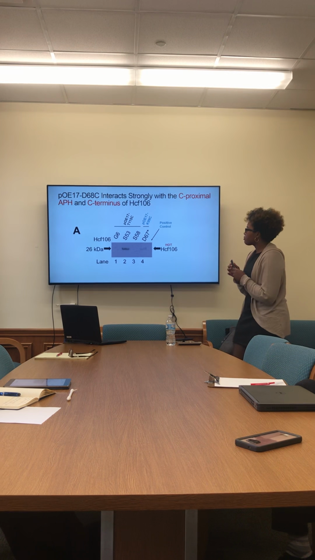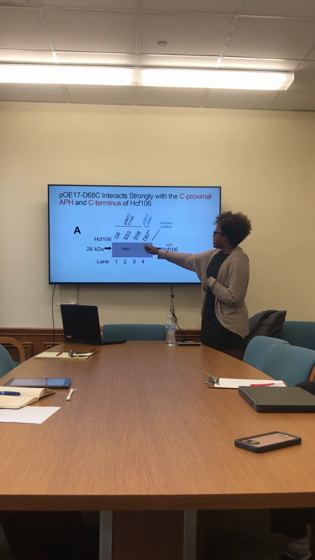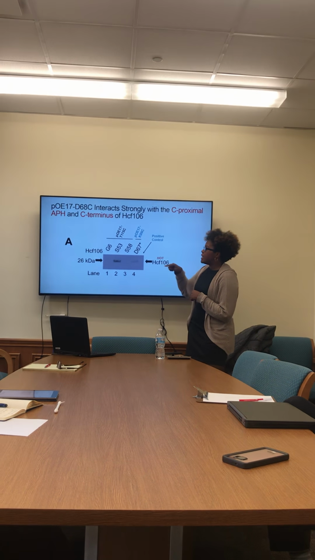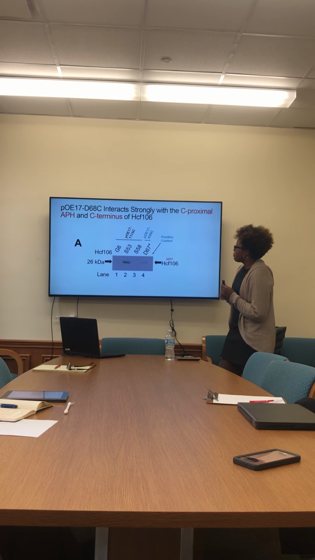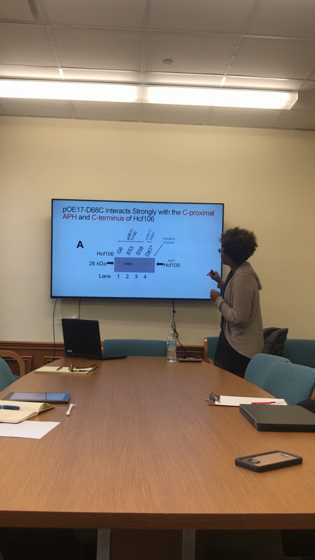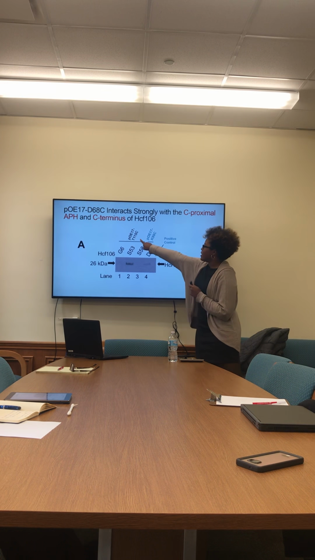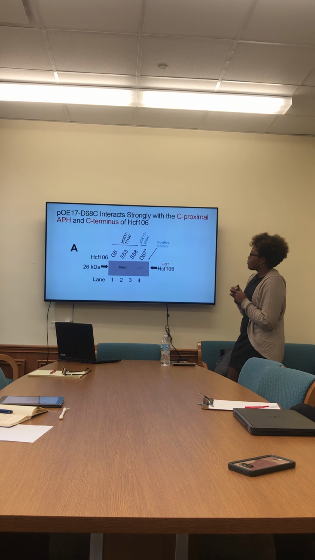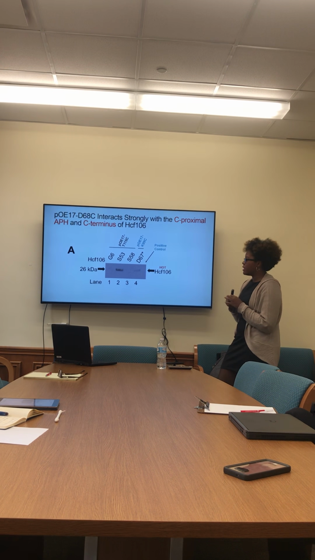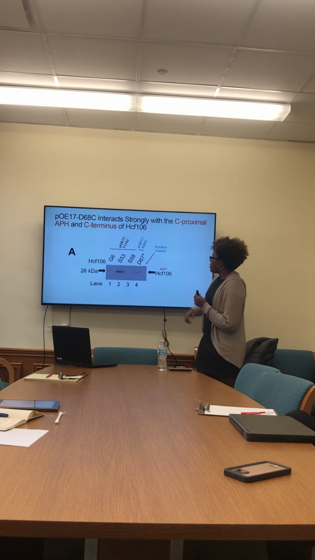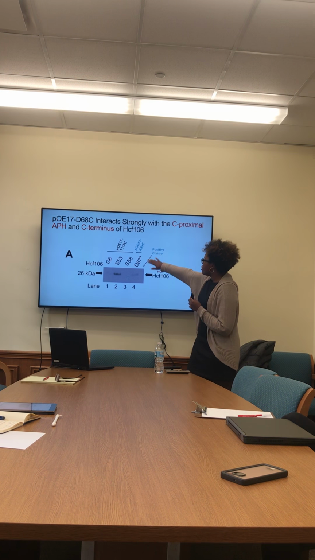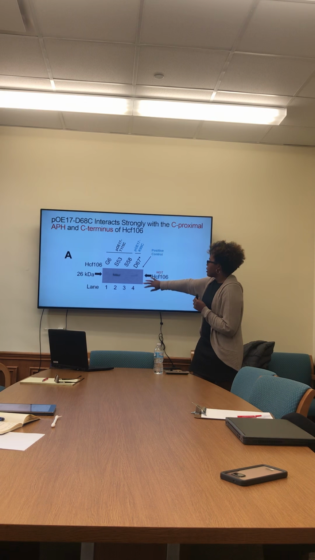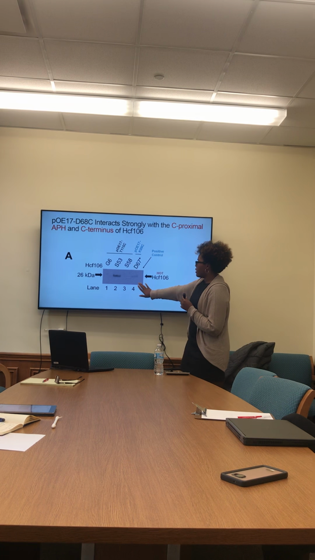Okay, with this figure, I'm looking at oxygen evolving complex, and the substitution is on D68. Oh, I see I made a typo. I said T115, that should be D68. But it interacts strongly with the C proximal APH and the C terminus of HCF106. In this lane, I have a positive control where I know that this variant of oxygen evolving complex interacts with this variant of HCF106.